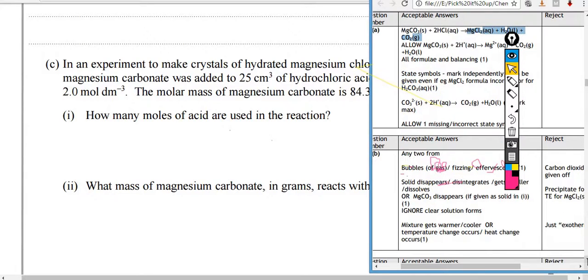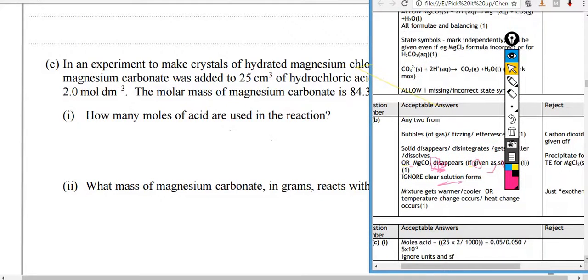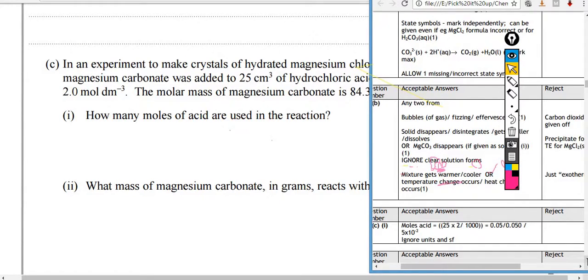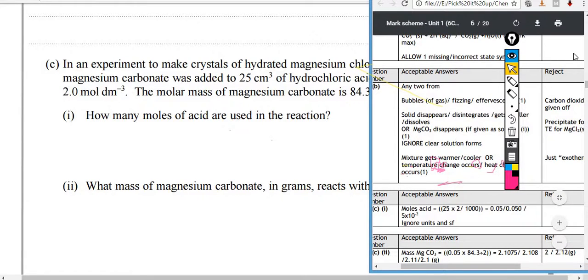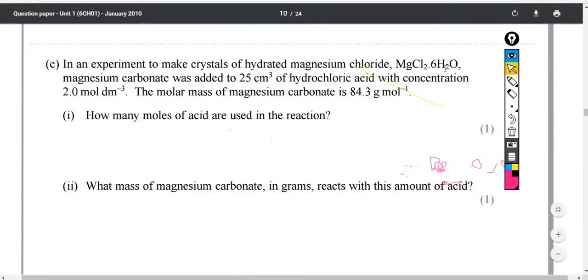Okay, so your target is to find a number of moles. First of all, you better go through all the data that has been given. You need to find the moles of the acid here. So they have given the volume of the acid, and what else have they given you? A volume and the concentration of the acid is given.